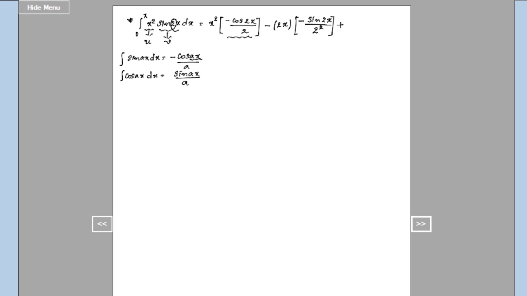Plus the differentiation of 2x, which is 2, into the integral of minus sine 2x divided by 2 square.